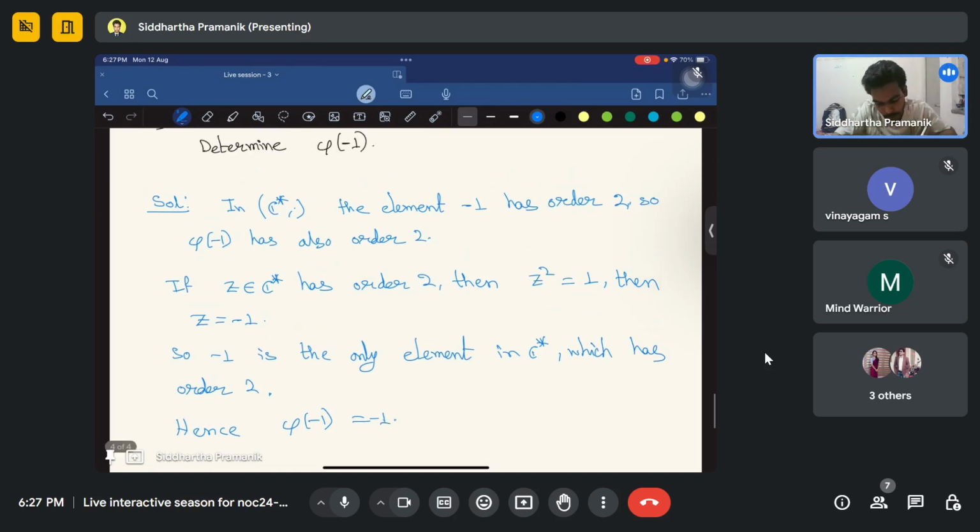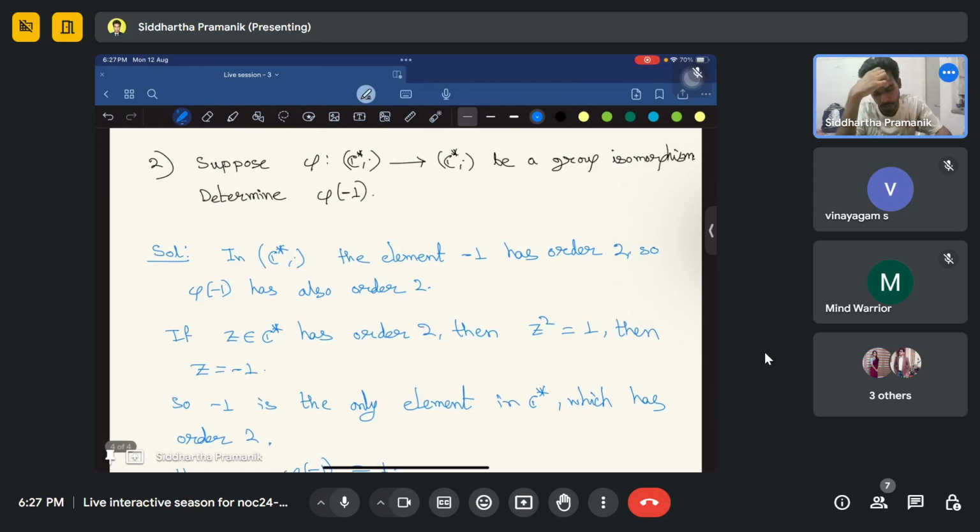Okay, I hope you have understood this. So let me change this problem a little bit. In this problem, what are the possibilities of phi of i? Just try it on your own.